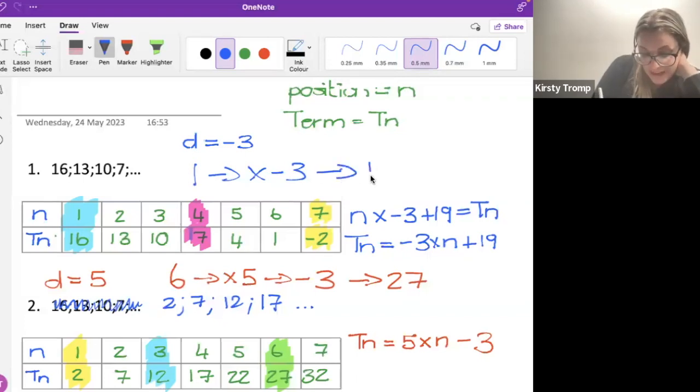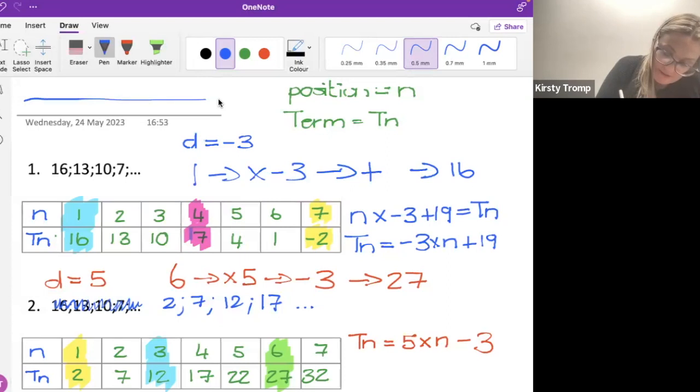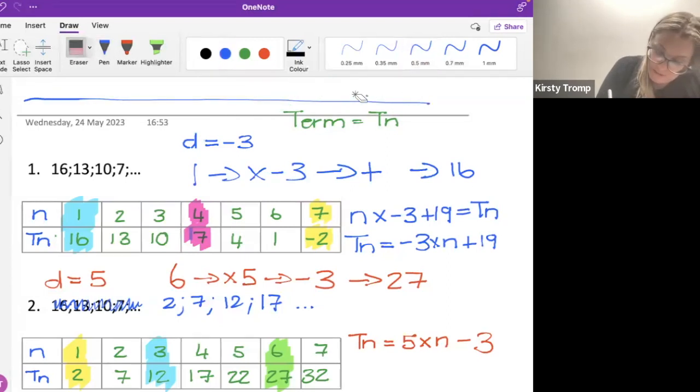And then, do you agree I've got to add something, and that will get me to 16? Because that's the rule. So now I'm sitting at -3. So I draw myself a number line, because we all know how much ma'am likes number lines, am I right? Yes.